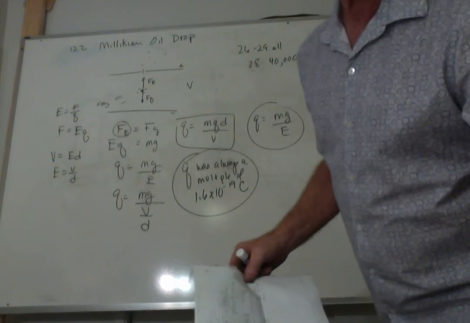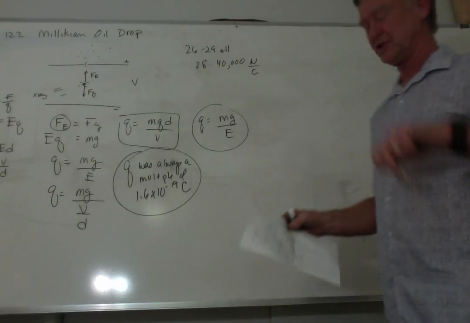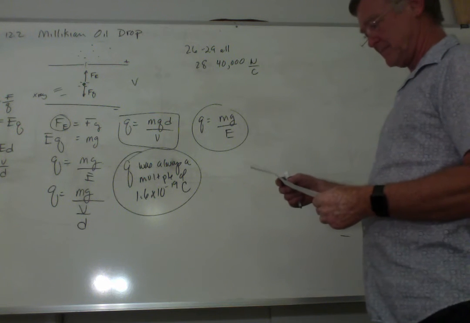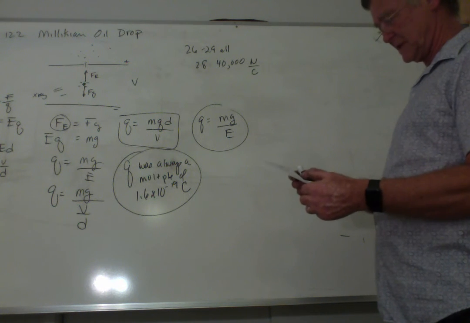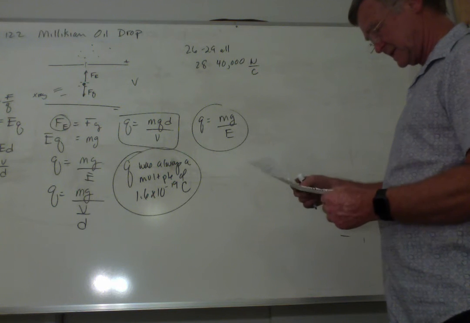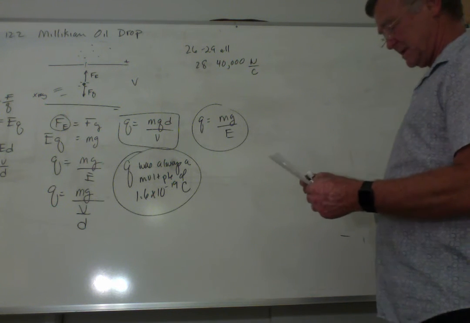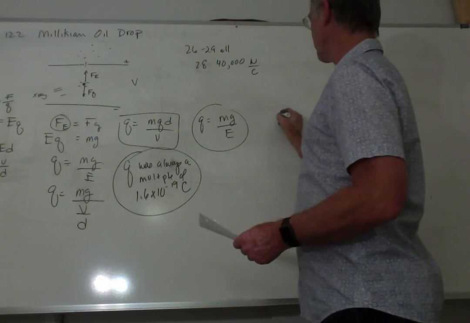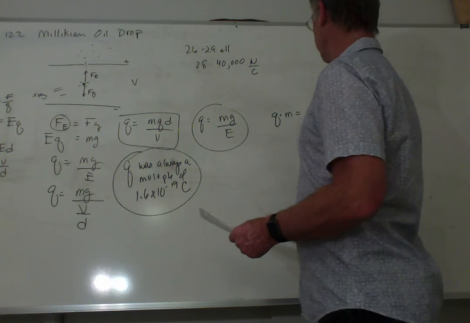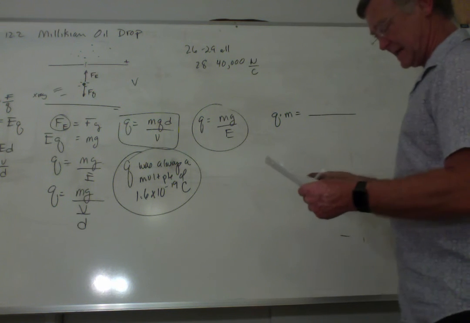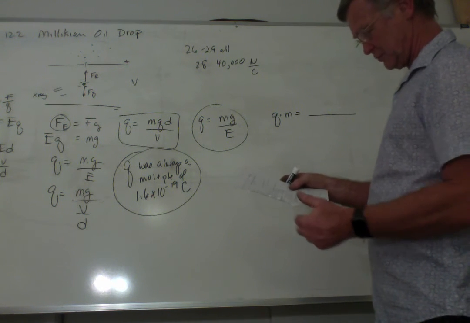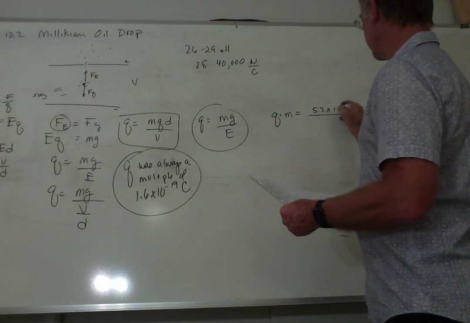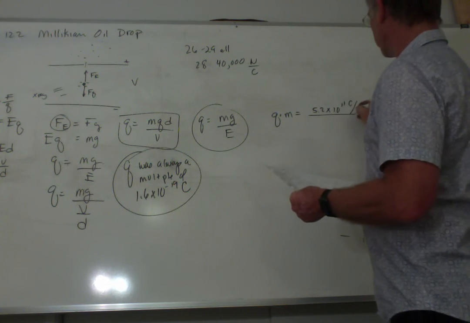One of the interesting things about this is the minute that we know what the charge on the electron is, we can also figure out what the mass of the electron is. And that is because there was a charge to mass ratio. In other words, they knew that Q over M was always equal to some number, and the number that it was equal to was 5.2 times 10 to the 11 coulombs per kilogram.